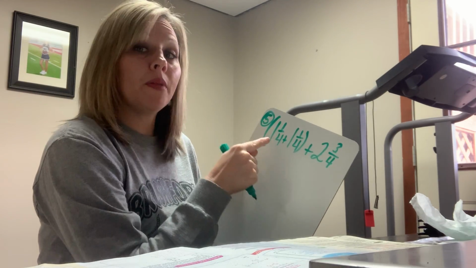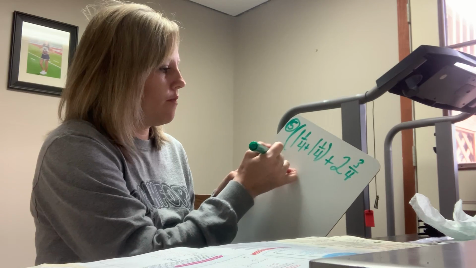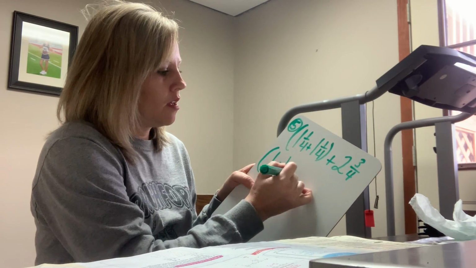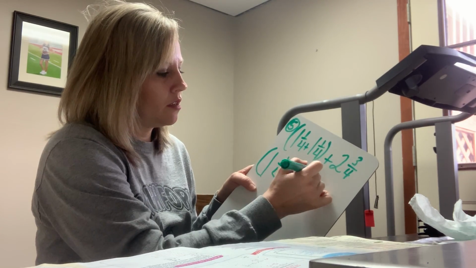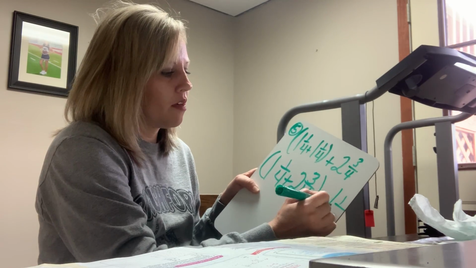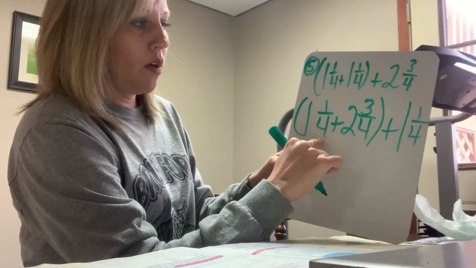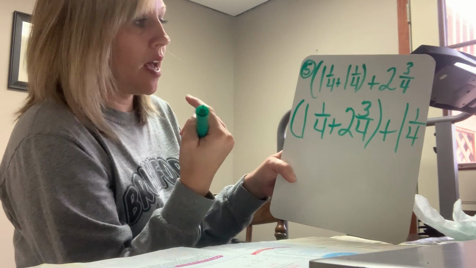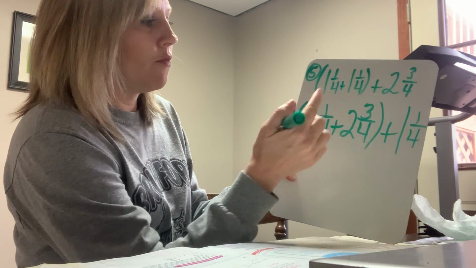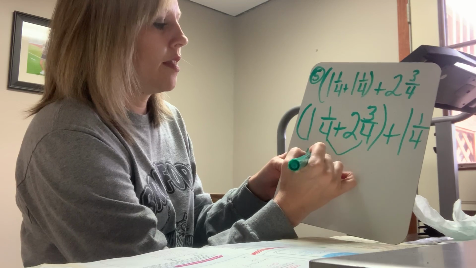And then 1/4 plus 3/4 gives you a whole. So we're going to group that together like this. We're going to have 1 1/4 plus 2 3/4 plus another 1 1/4. Yep. Again, 1/4 plus 3/4 gives me 4/4, and that equals the whole.